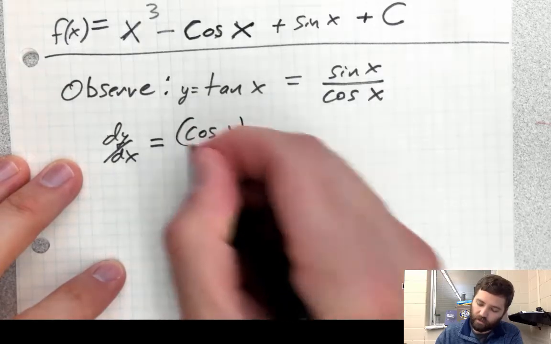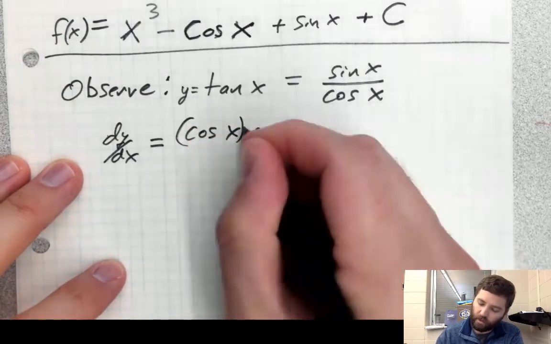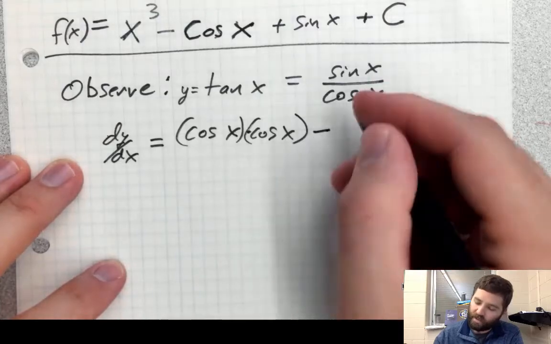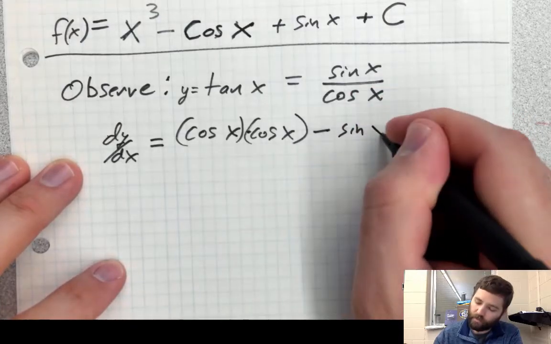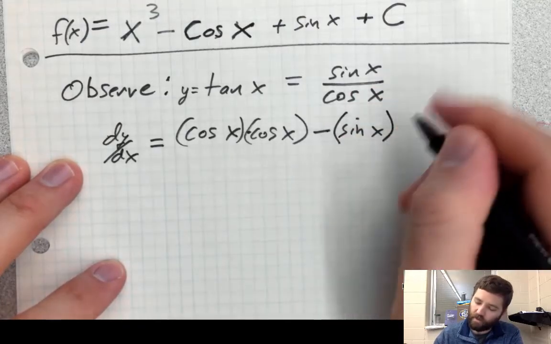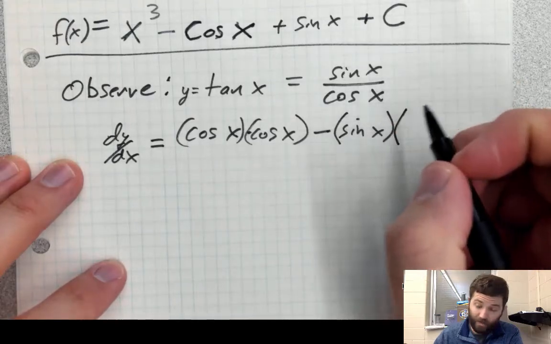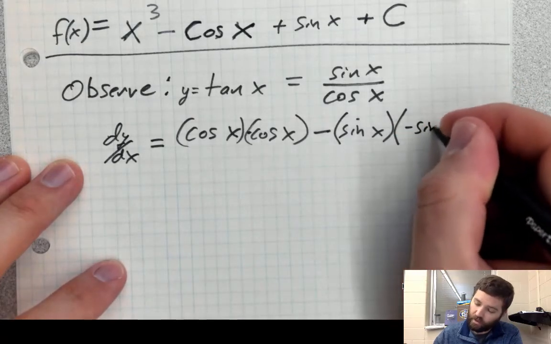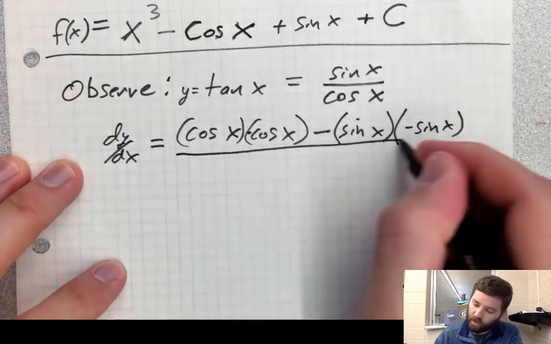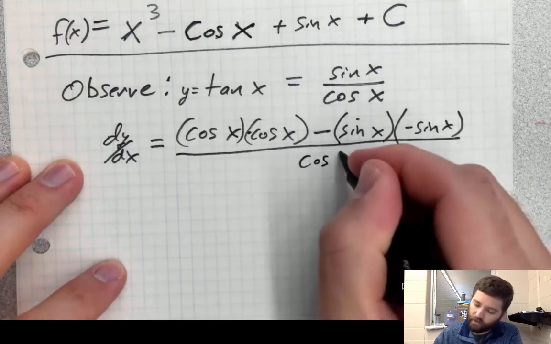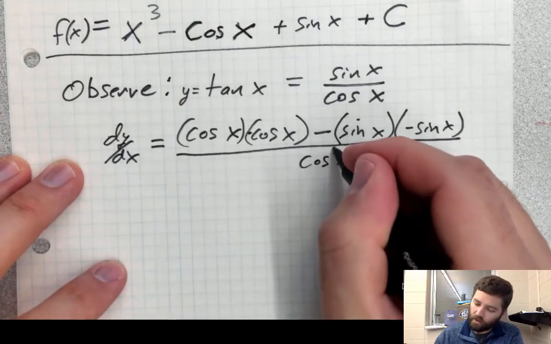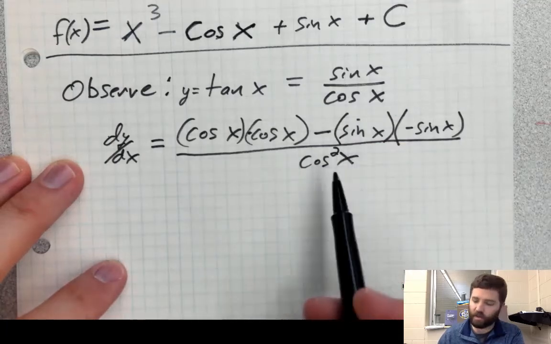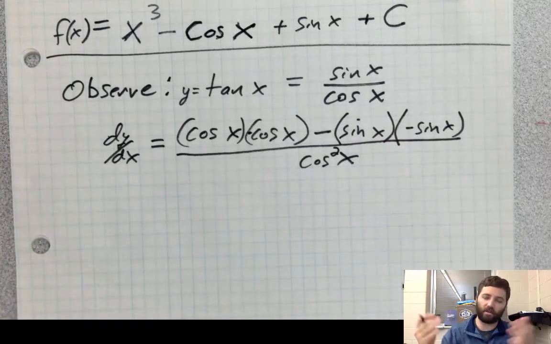So let's use parentheses here, cosine of x, minus the top times the derivative of the bottom. The derivative of the bottom is negative sine, all divided by the bottom squared. I'll just write cosine squared x. Remember that cosine squared written like that just means cosine, the entire thing, squared.